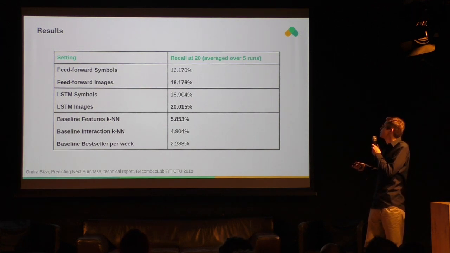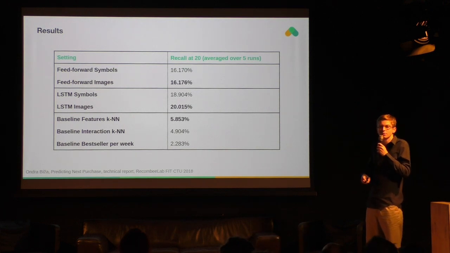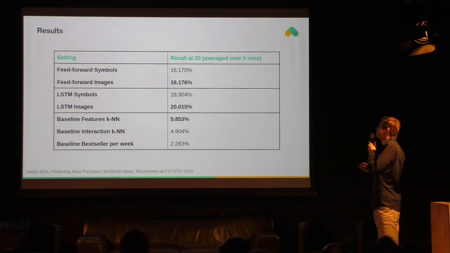Then I'm going to look at this simple feed-forward network using one-hot encoding. This is 16% recall, so about 3 times better than the baseline. And if we use images with this feed-forward network, it almost didn't increase at all, which is surprising because you would expect the information in the embeddings to improve the prediction, but in this case it didn't help.